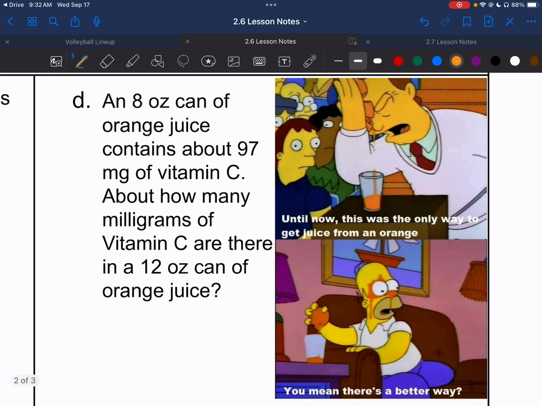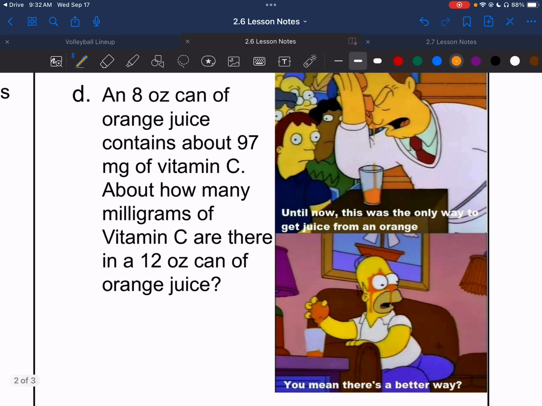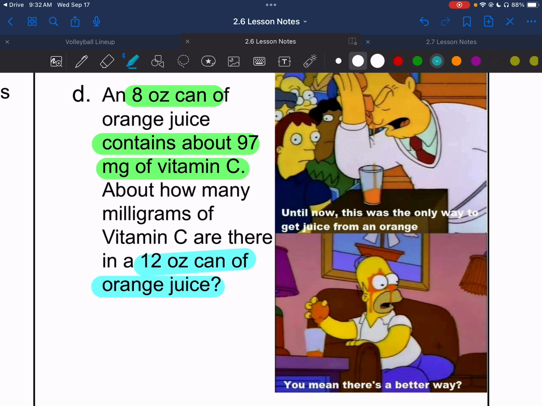All right. So next up, we have letter D. An 8-ounce can of orange juice contains about 97 milligrams of vitamin C. About how many milligrams of vitamin C are there in a 12-ounce can of orange juice? So my first piece is we have an 8-ounce can contains 97 milligrams of vitamin C. We have a 12-ounce can that we're trying to figure out, and we want to know how many milligrams of vitamin C are in it.